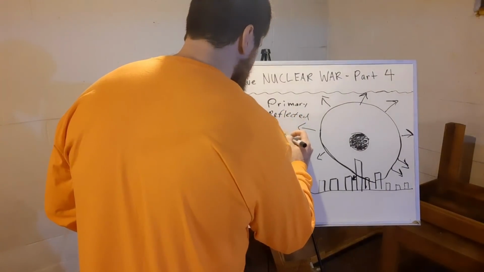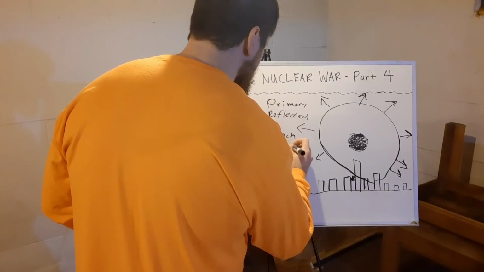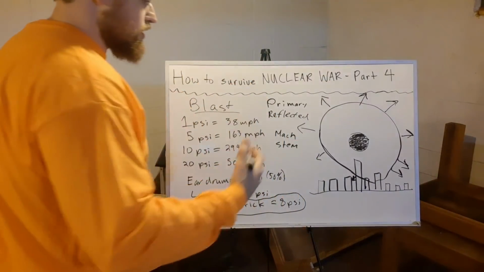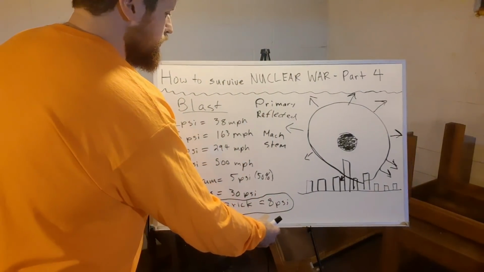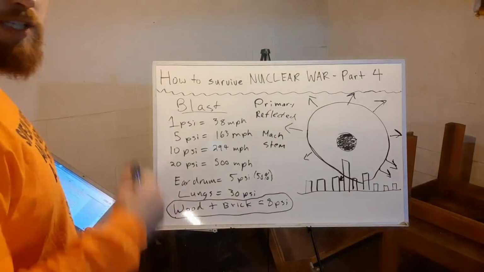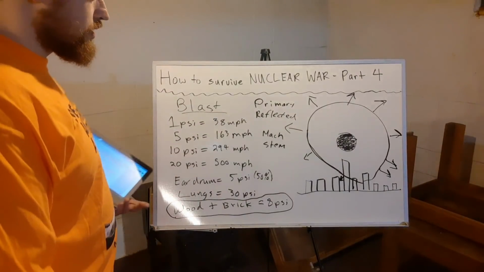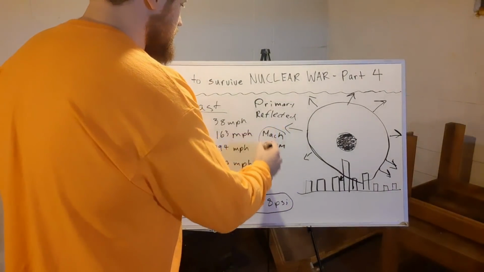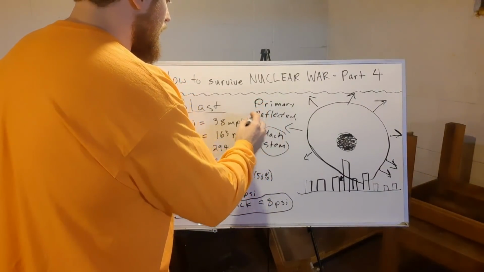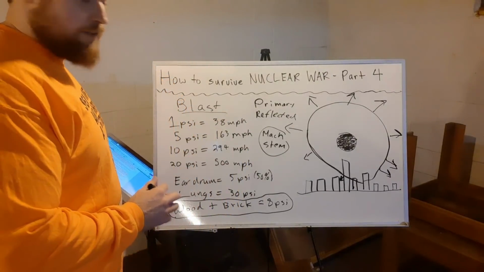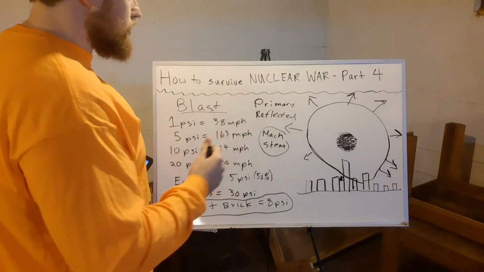That's the traditional blast wave that people think about when they see it in movies. They show the blast wave coming through, and that's actually the Mach stem, the primary and the reflected blast wave coming together into one giant wave.